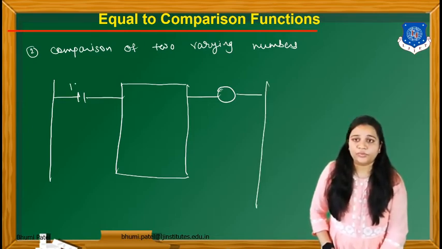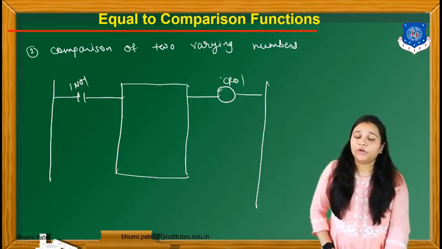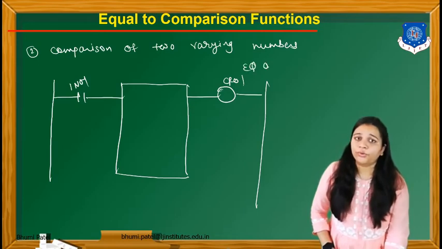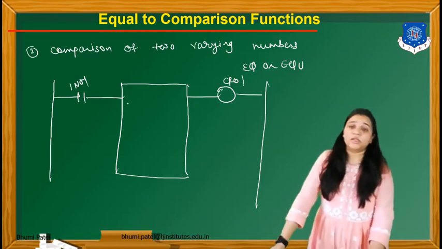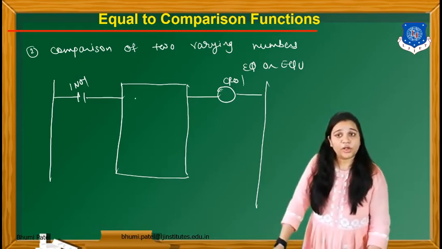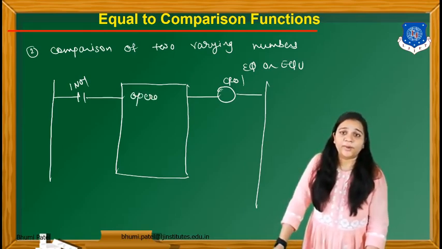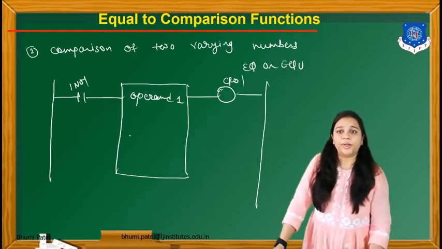This is my input signal, this is my output signal. To compare two varying numbers, we use EQ or EQU, the direct command for the comparison function. In the block format you must write down operand 1 and operand 2.